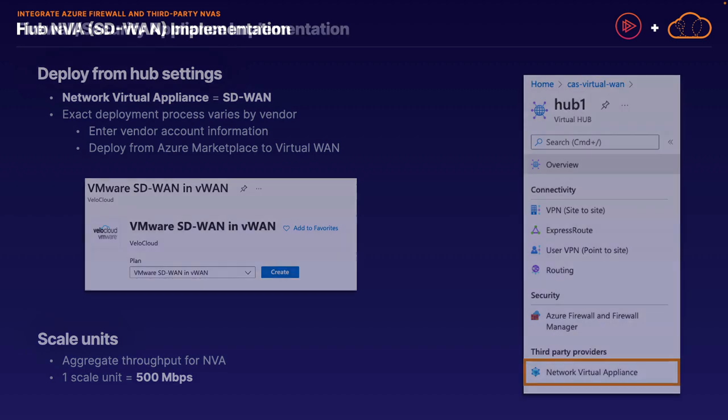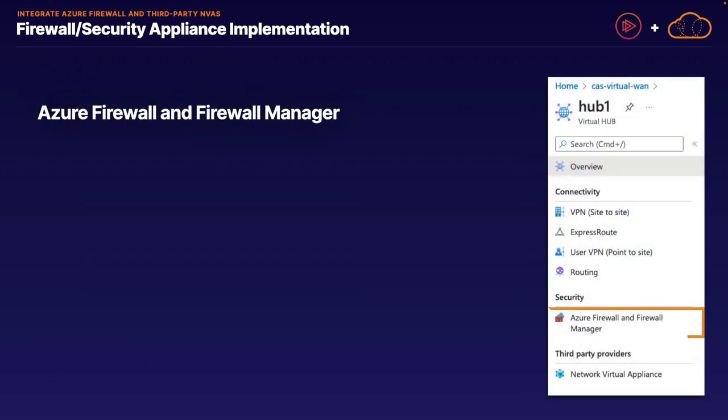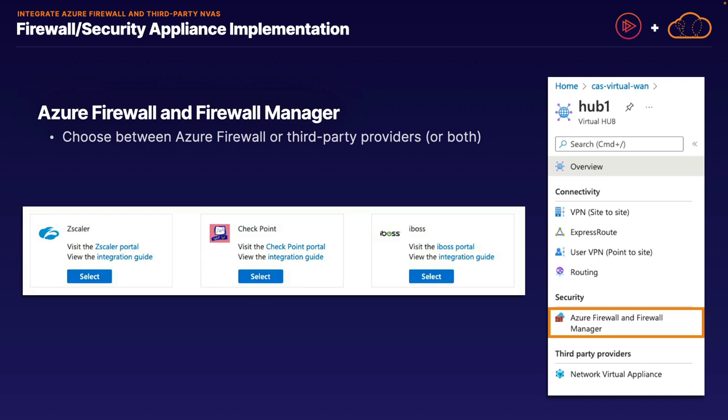Next, let's shift our focus to the other main virtual appliance product, which is going to be security appliances, and this is specifically referring to both Azure Firewall and third-party security products as well, which also has a bit of a different interface. Specifically on the right side, we are deploying it through the Azure Firewall and Firewall Manager interface. With this implementation, we can choose between the first-party Azure Firewall product and or a number of third-party providers that Microsoft has specifically partnered with that you can see below. At the moment, the only three partners are Zscaler, Checkpoint, and iBoss.